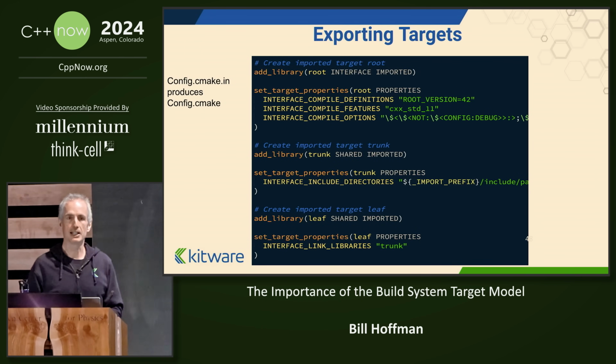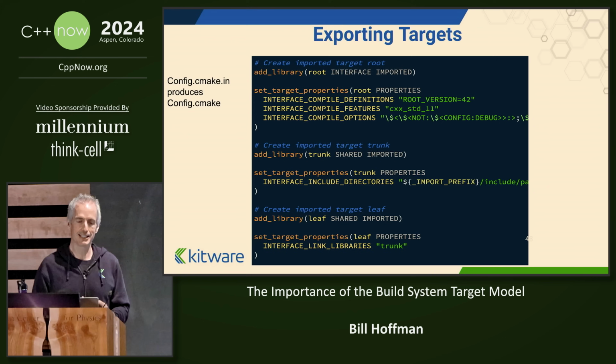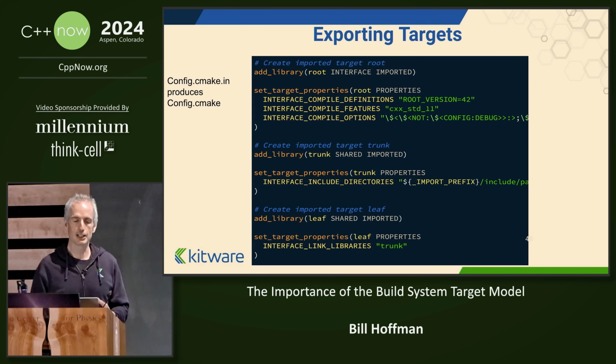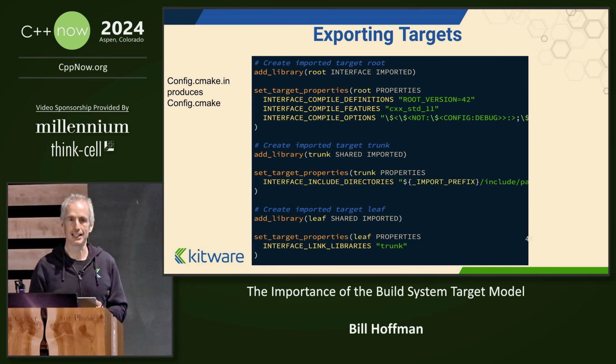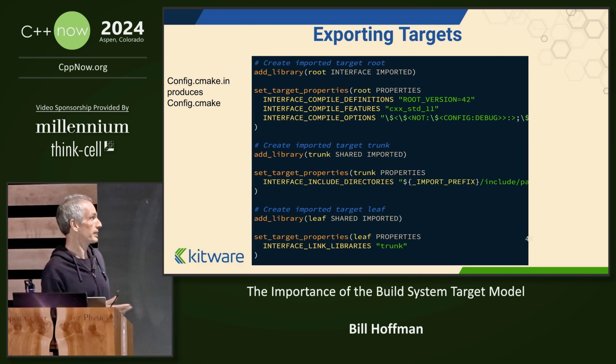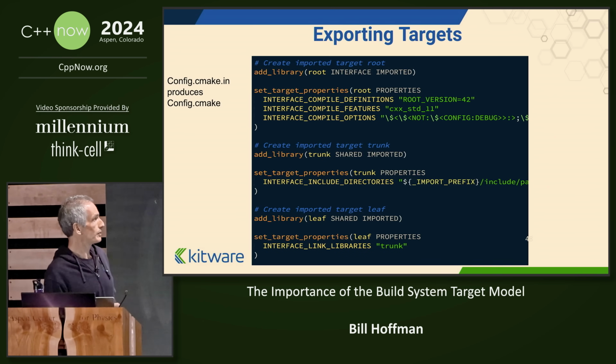And then, of course, CMake has a way of exporting these into these .cmake files. So this works by taking a config.cmake.in and replacing variables and eventually producing a config.cmake file. And inside one of those, you'd see it creating a library like a root interface imported.